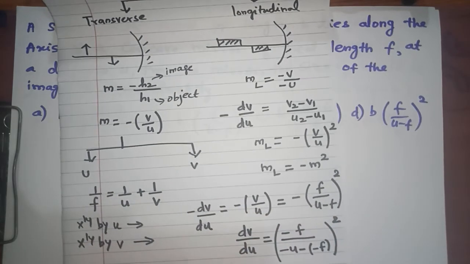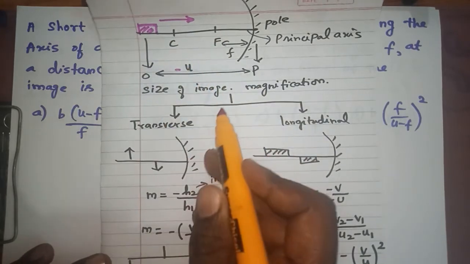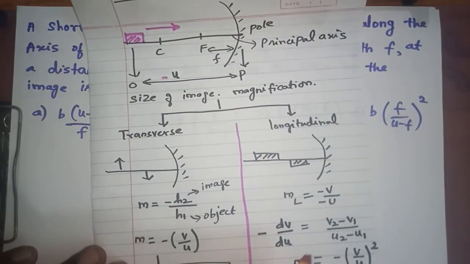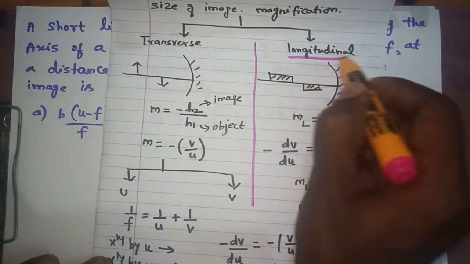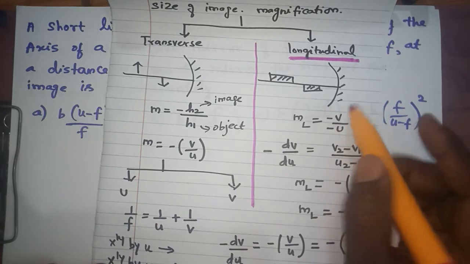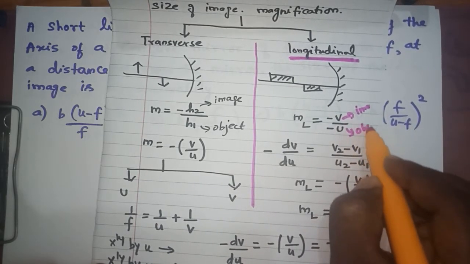So what is my dv by du then? To find the size of an object here, I can classify u. This is longitudinal, this is along the axis. Since it is along the axis, this portion plays the role in finding the magnification. This is the image and this is the object, right?